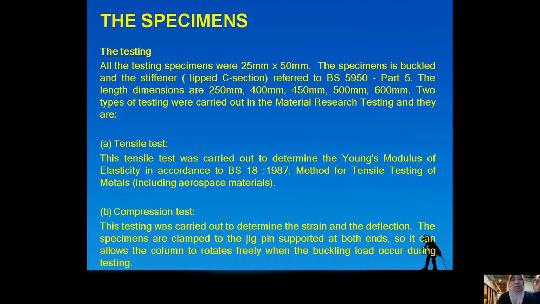The next one is the compression test. This testing was carried out to determine the strain and the deflection. The specimens are clamped to the jig, pin supported at both ends, so it allows the column to rotate freely when the buckling load occurs during testing.